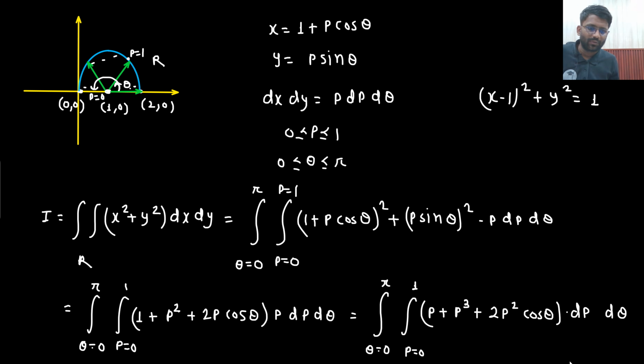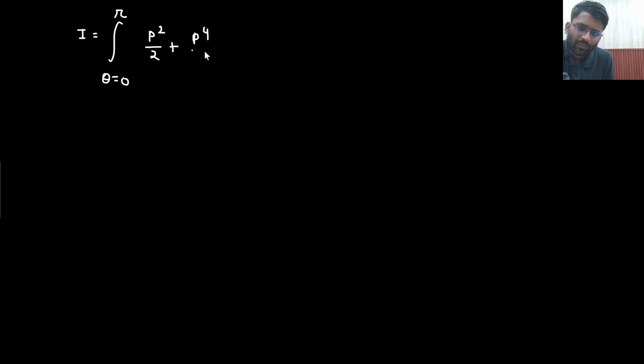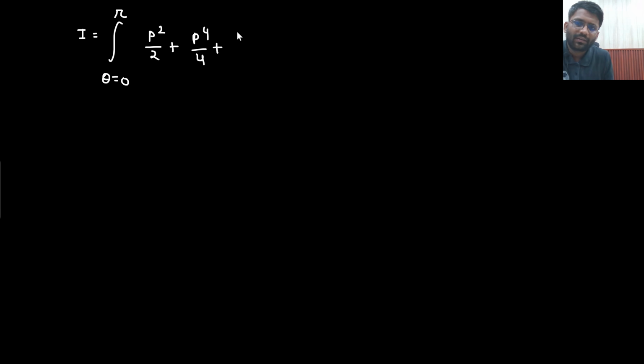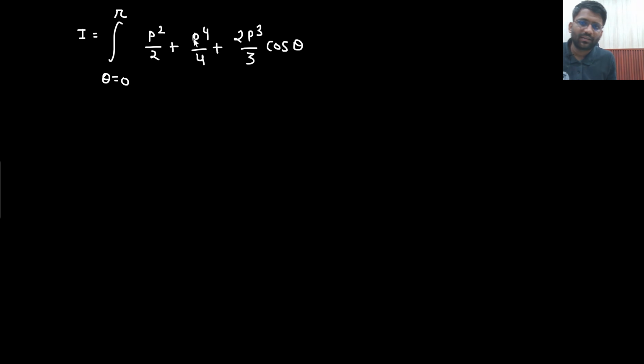Then p will give you p square by 2, plus p to the power 4 by 4, plus 2p cube by 3 cos theta, with the limit of p going from 0 to 1, dot d theta, theta going from 0 to pi.